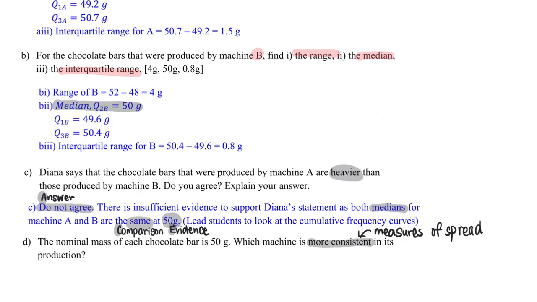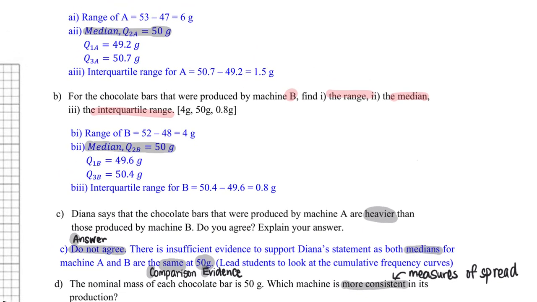So what measures of spread do we have in this question? Well, we have range, 6 and 4 for A and B respectively. We also have interquartile range.